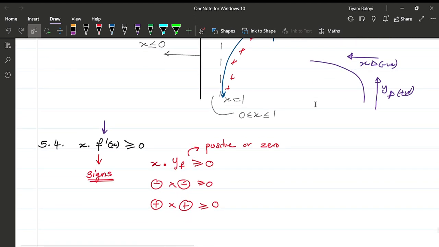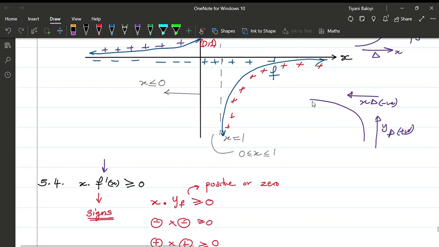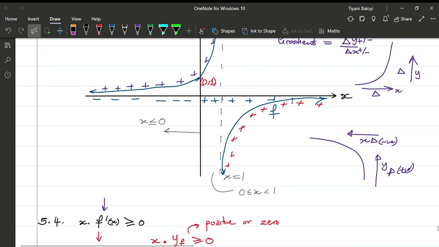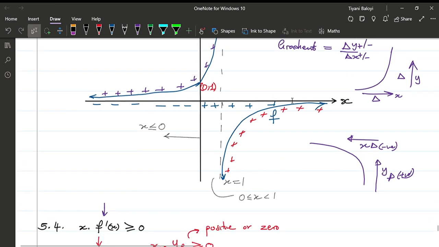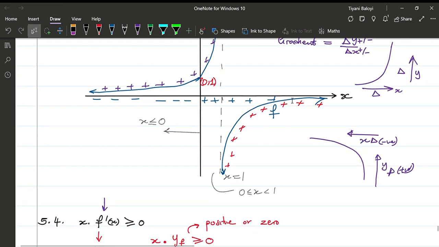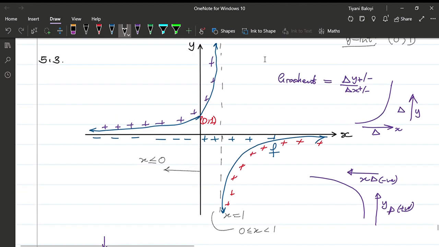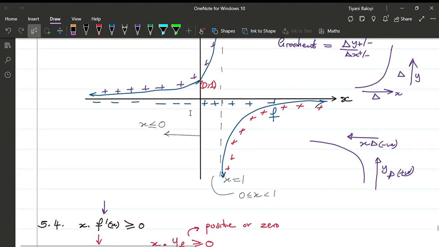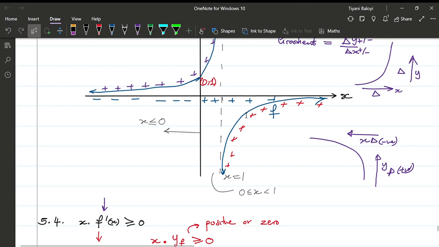Oh yeah, you cannot have x equal to 1 because that's an asymptote. I forgot about that. Don't fall for that. So here, the x values are positive, the gradient is positive. You do have a solution here. After the asymptote, where x is greater than 1, positive gradient, positive x values, we have a solution.